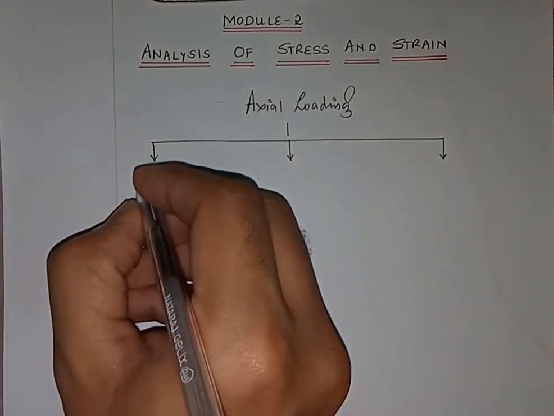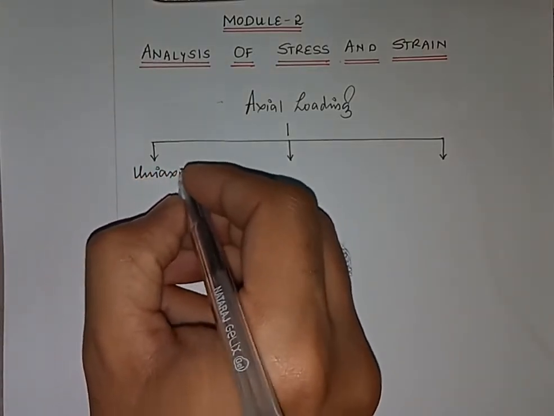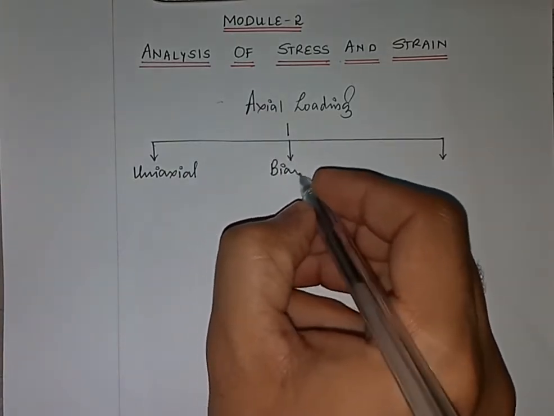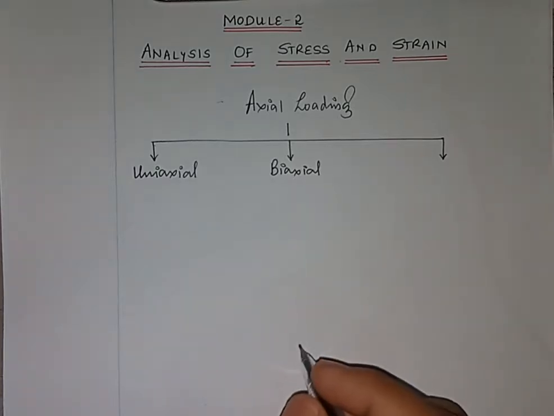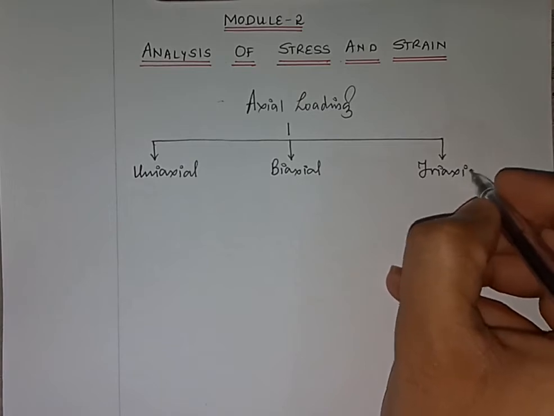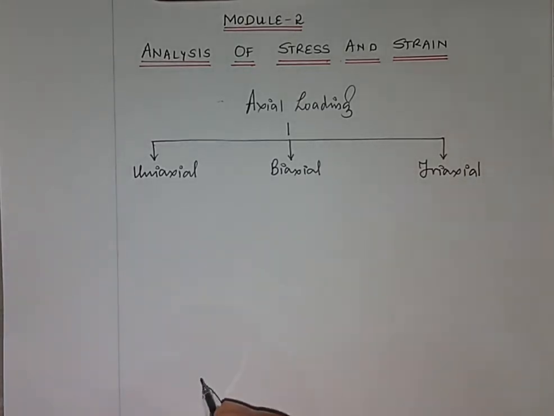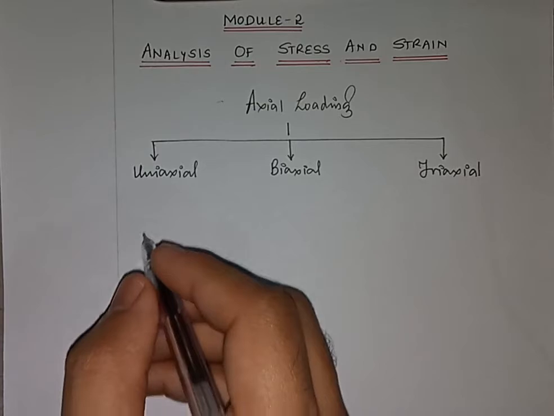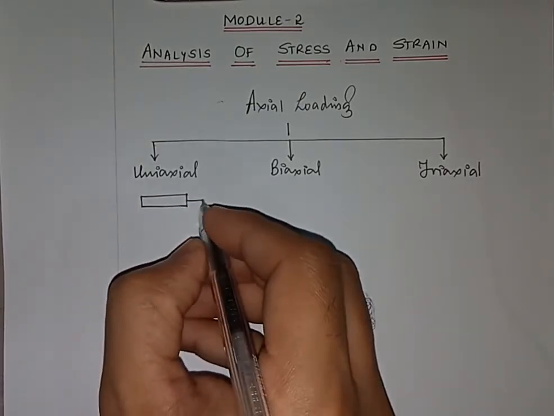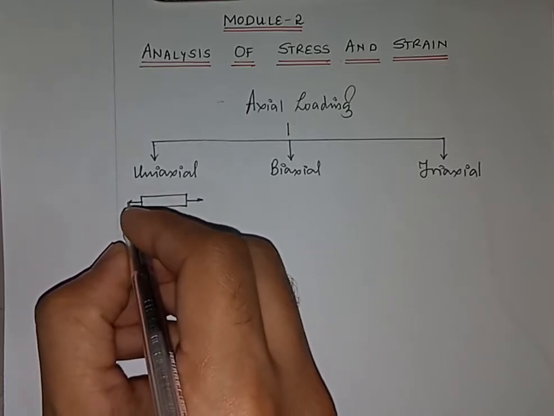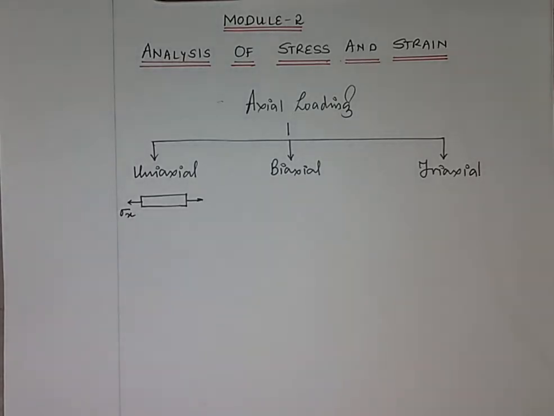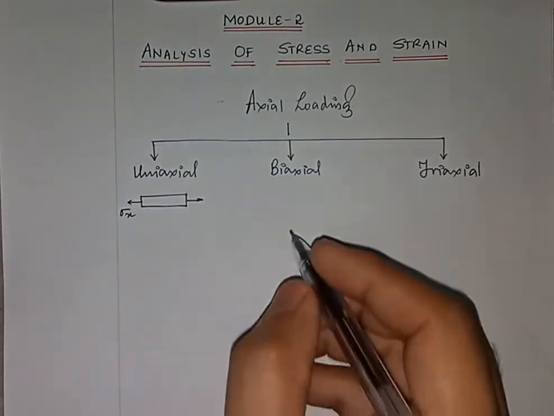First one is uniaxial loading, second one is biaxial loading, and third one is triaxial loading. Uniaxial loading is nothing but loading in one direction only. So it is the simplest of all the three. Let me say it is sigma x, that is, loading is in x direction only.